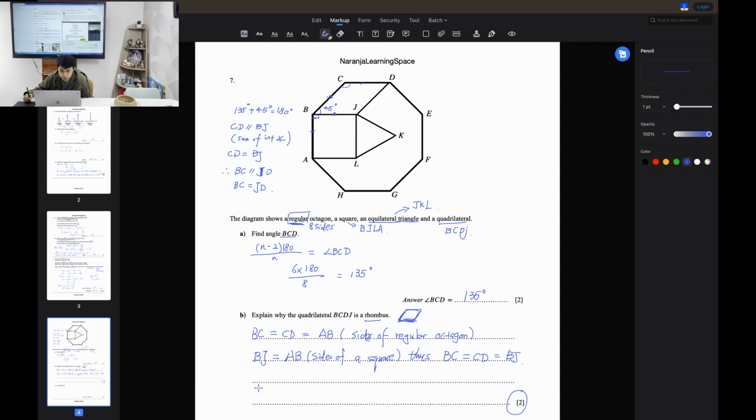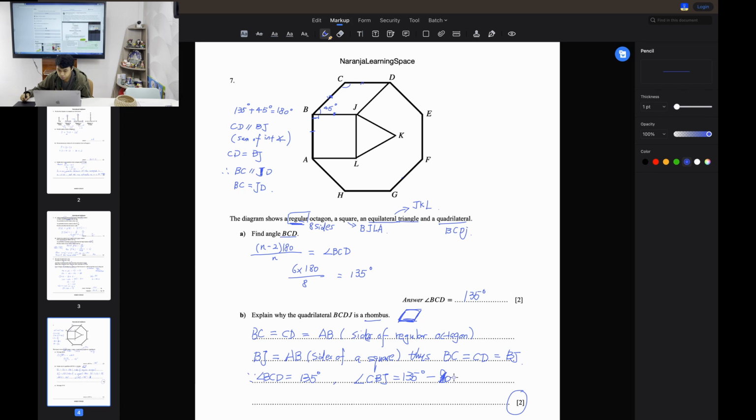Then let's look at this one. Since angle BCD equals 135, angle CBJ equals 135 minus 90.